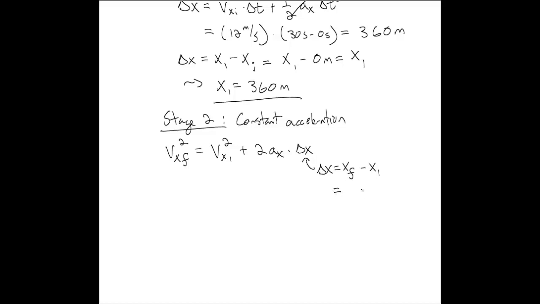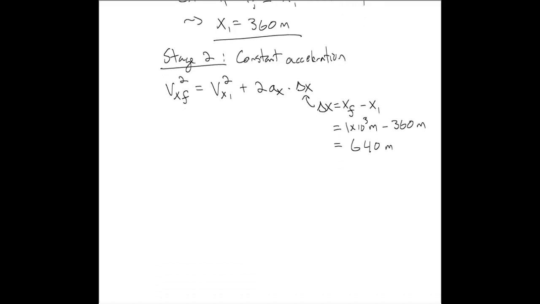That's something to be careful about that you can get tripped up on. So it's 1 times 10 to the 3 meters minus 360 meters, so it comes out to being 640 meters for delta x for the change in position here. And this is common of all two-stage problems. You have to be careful about what you mean by delta x in these cases.